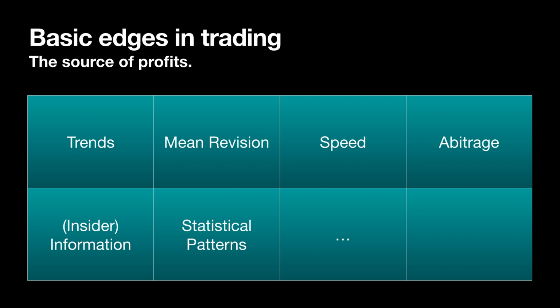So that means a lot of people recognize that, a lot of people search for the patterns, and it's very hard for retail traders to get the knowledge and the skills to find those patterns. So if you as a retail trader, as a normal trader, look at that, I personally would say the only edges where you can apply a trading system and which you can use are trends and maybe mean reversion.